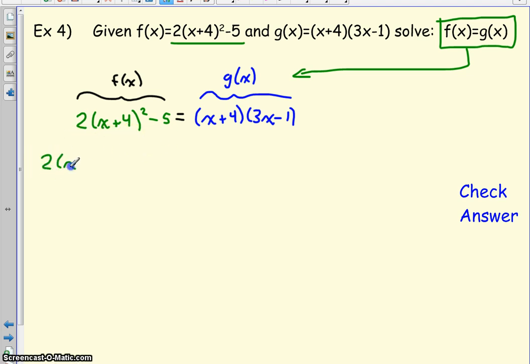So just working through the algebra here, it's 2 times x plus 4 times x plus 4 minus 5. Okay, and the right side here, x plus 4 times 3x minus 1, we can put that into an array and expand it.